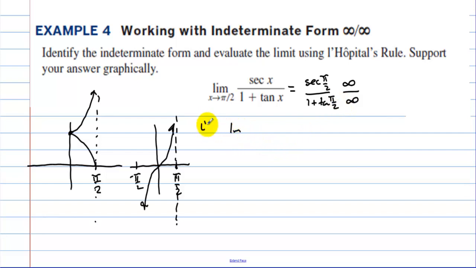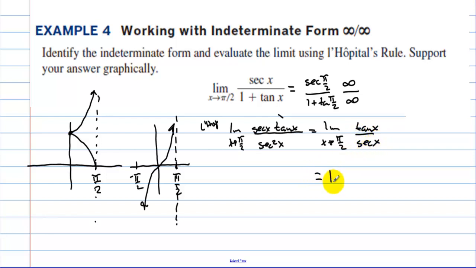We have the limit. Actually, we're doing L'Hopital's now. Limit as x approaches pi over 2 of secant x tangent x over secant squared x. And that is equal to the limit as x approaches pi over 2 of tangent of x over secant of x.